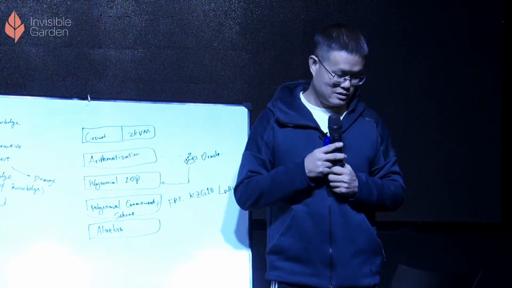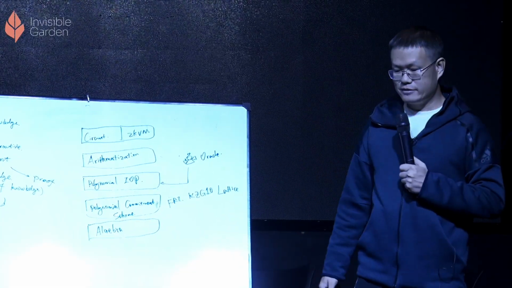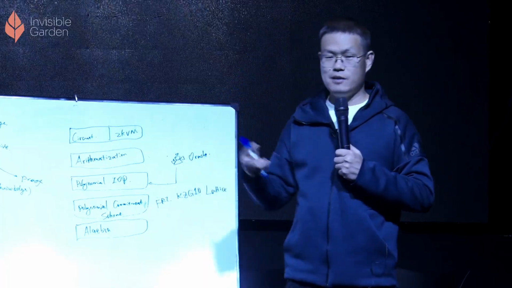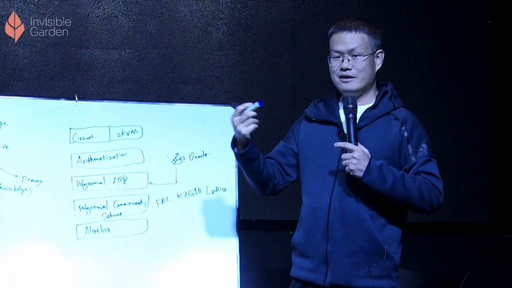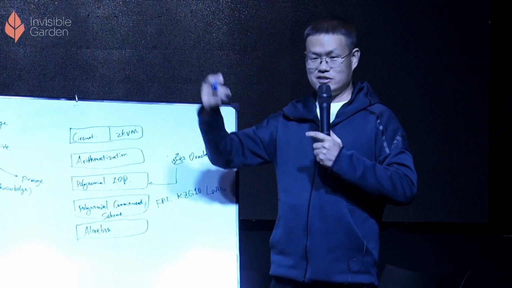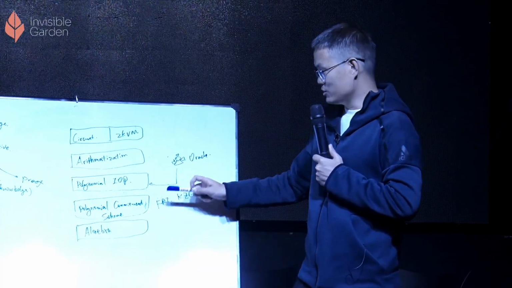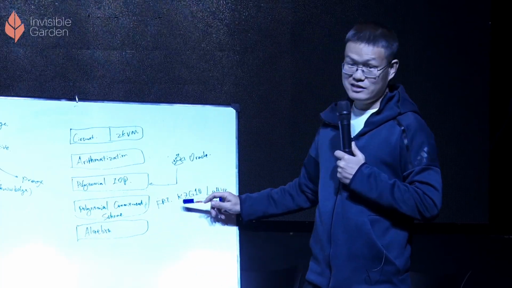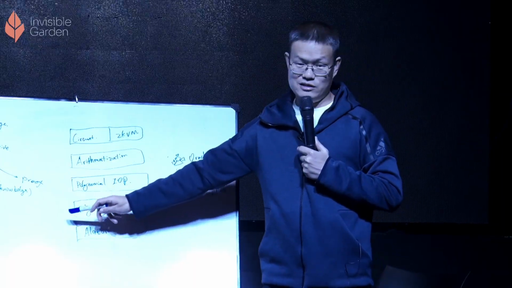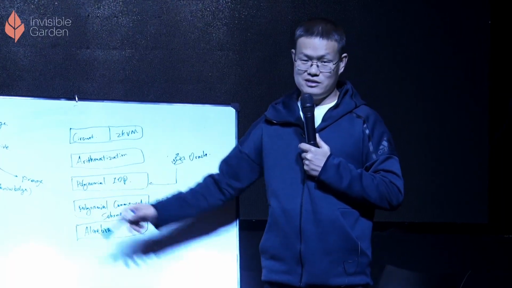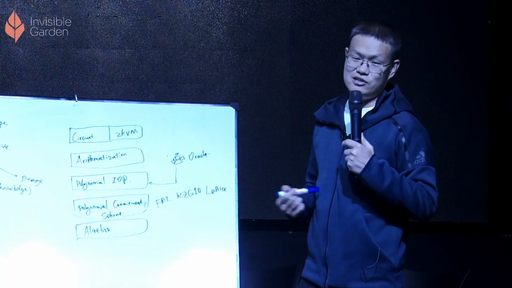So the story of comparing ZK-STARK versus ZK-SNARK is actually a comparison between FRI and KZG10 at the polynomial commitment scheme level, instead of ZK-SNARK or ZK-STARK.